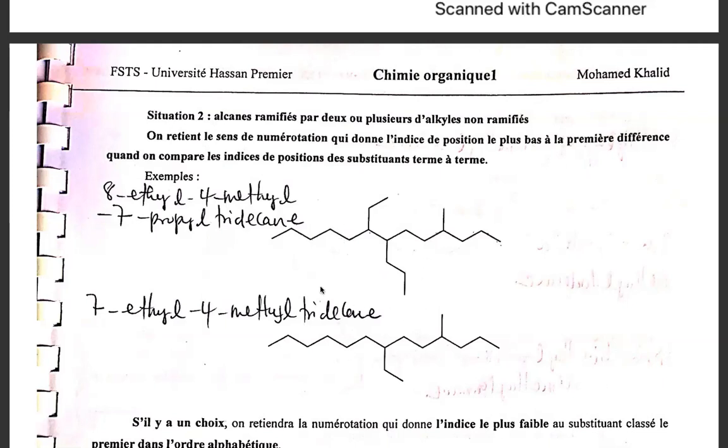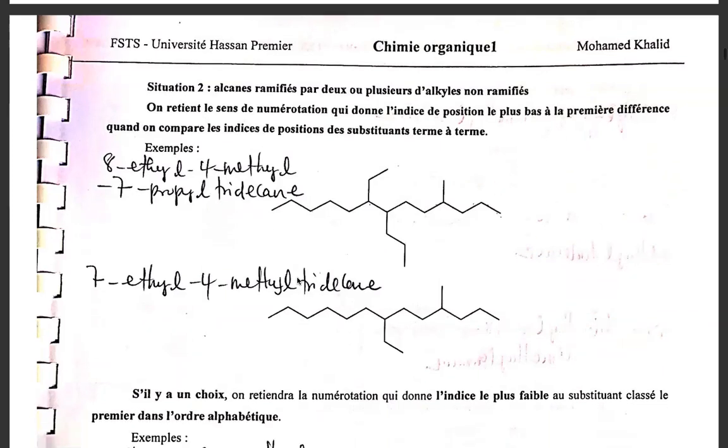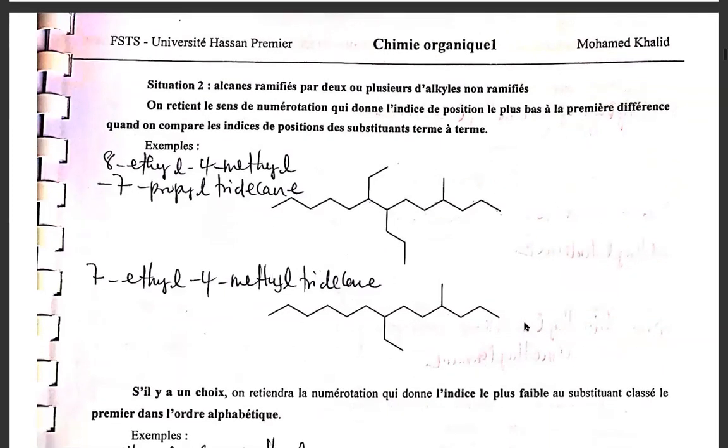With 13 carbon atoms. The same principle is applied for this one. So we have a chain principal with 13 carbon atoms. That's 1, 2, 3, 4, 5, 6, 7, 8, 9, 10, 11, 12, 13. Rule number 1 states we are supposed to look for the chain principal. Rule number 2 states we look for the substituents. Now in this case we have 2, a methyl and an ethyl.